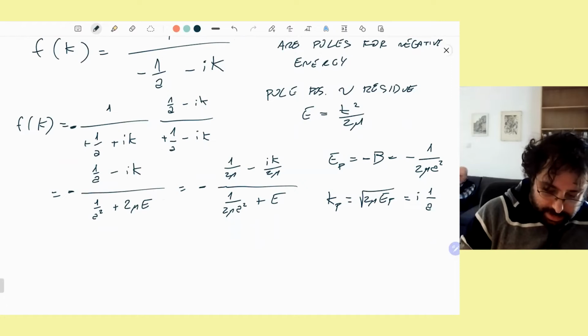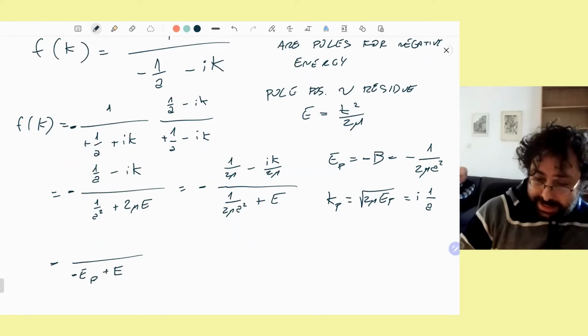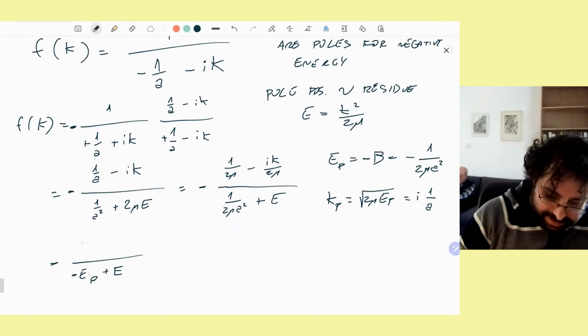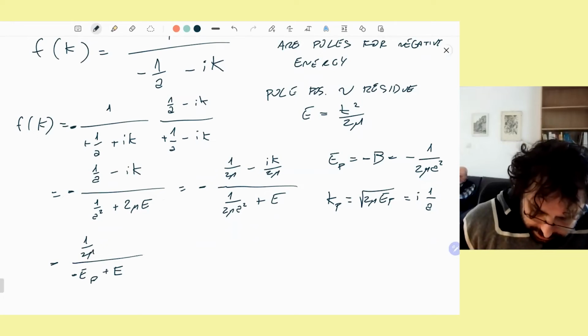And in the numerator here, I can rewrite everything this way. This is the position of the pole minus the position of the pole plus a, and the residue is, I forgot an a here.